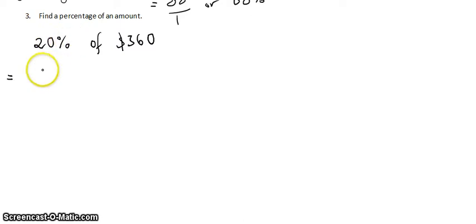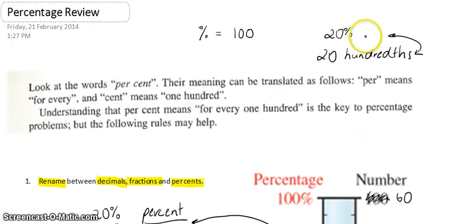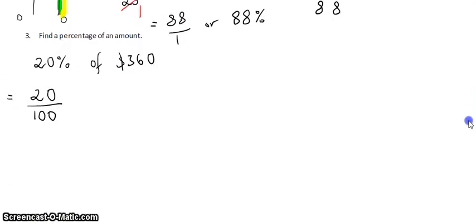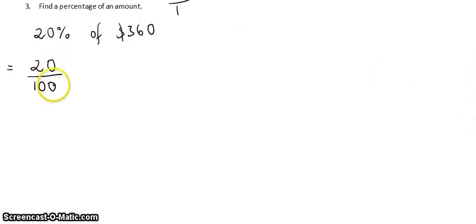Now 20% we know means 20 hundredths. Remember that from the earlier video, which was teaching us that whenever we see percent, we know that means hundredths. So 20 hundredths. Now before we learned that of meant times.